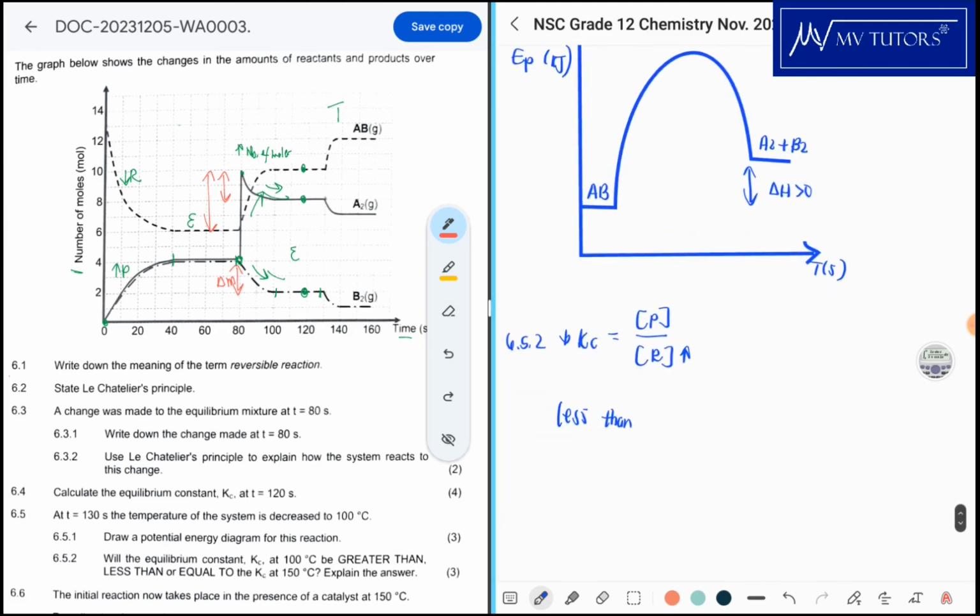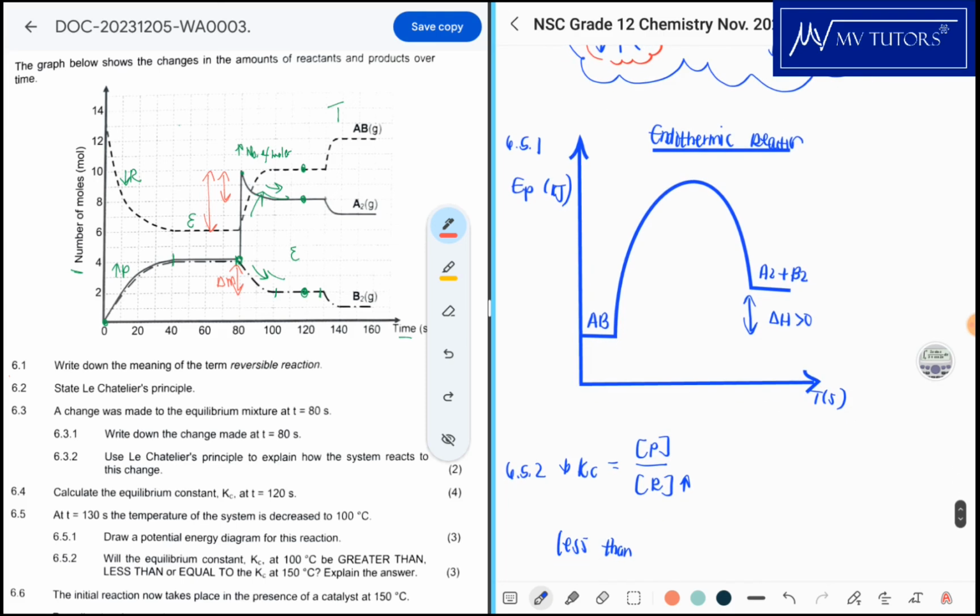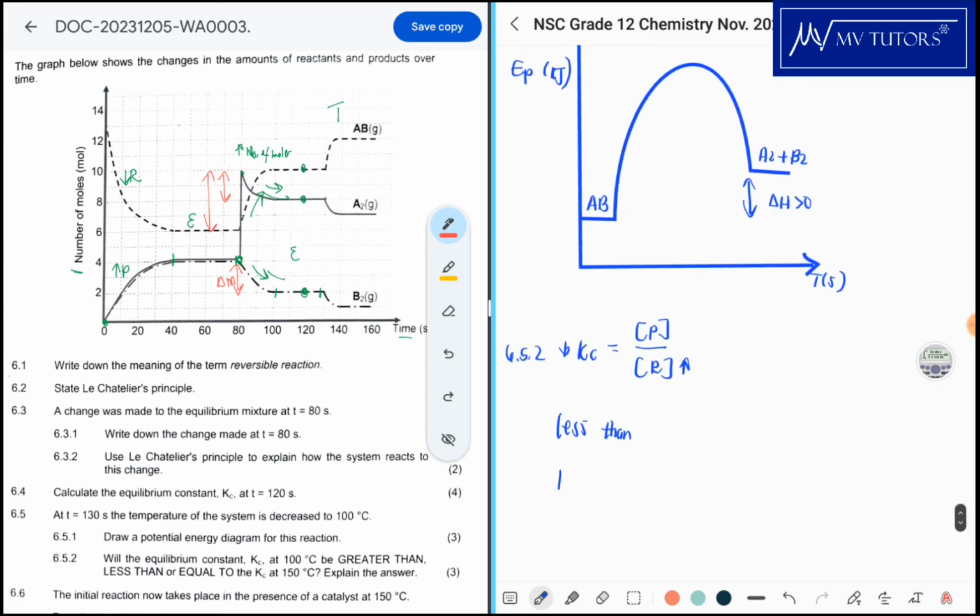degrees? And how do we explain that? Well, basically, as we have noted from the graph, with the decrease in temperature, we saw that AB, which is a reactant, increased in the number of moles. All right, and we know as well that Kc, the equilibrium constant, is temperature dependent, okay?